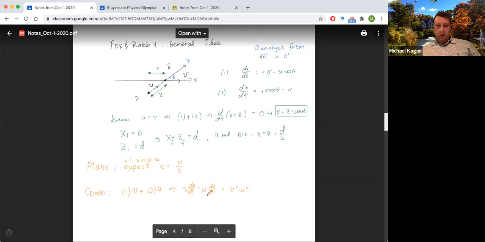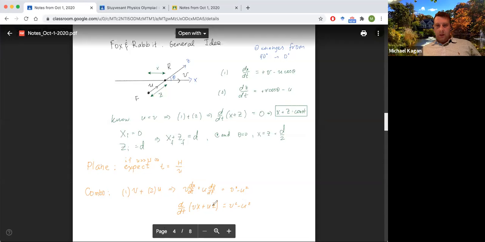Okay, now how does this help? Well, let's rewrite this as d/dt of whatever is inside, that is vx plus uz, equal to v squared minus u squared. Now, this combo inside the parentheses is changing at a constant rate.